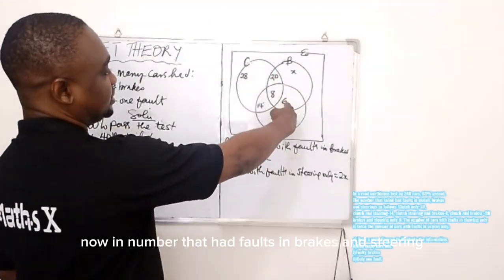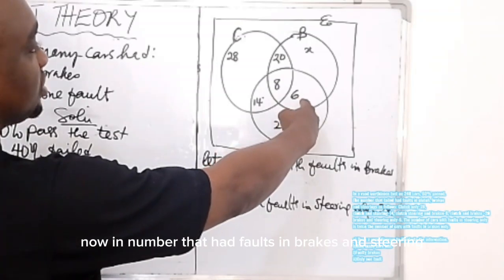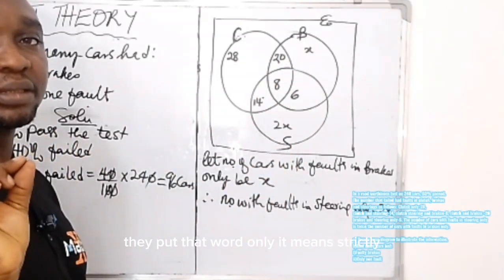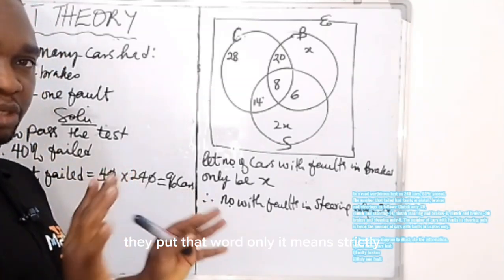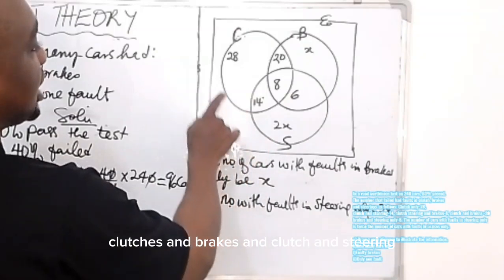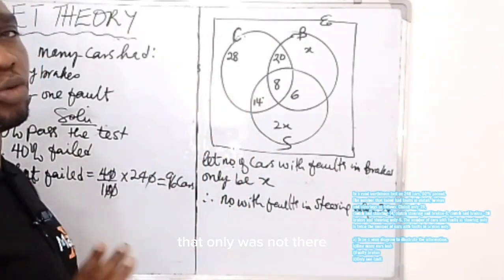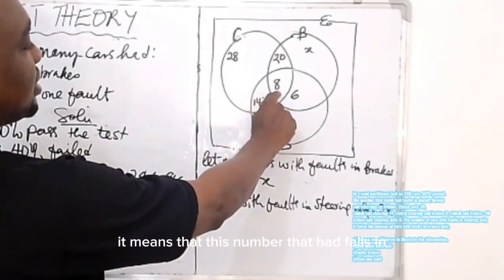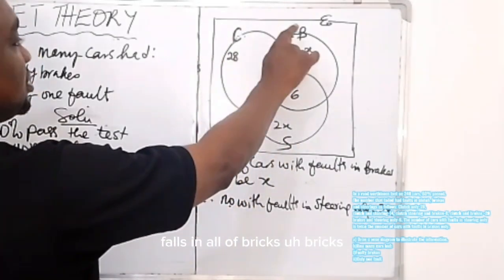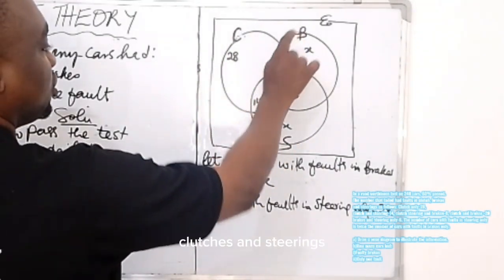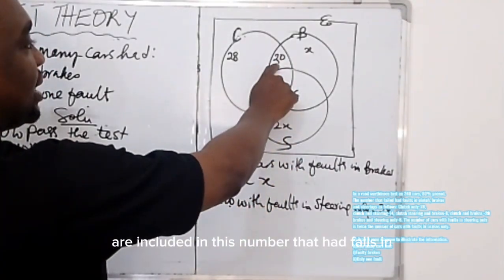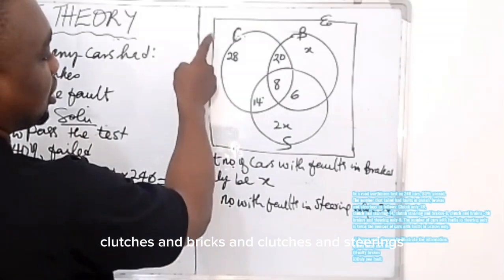Now, in the number that had faults in brakes and steering, they put that word only. It means strictly. But for the number that had faults in clutches and brakes and clutch and steering, that only was not there. It means that the number that had faults in all of brakes, clutches, and steerings is included in the numbers that had faults in clutches and brakes and clutches and steerings.